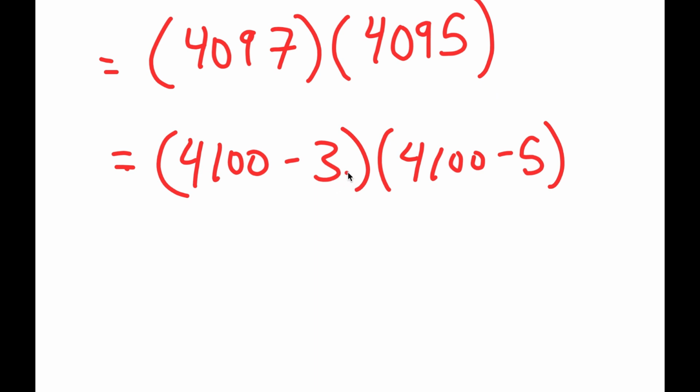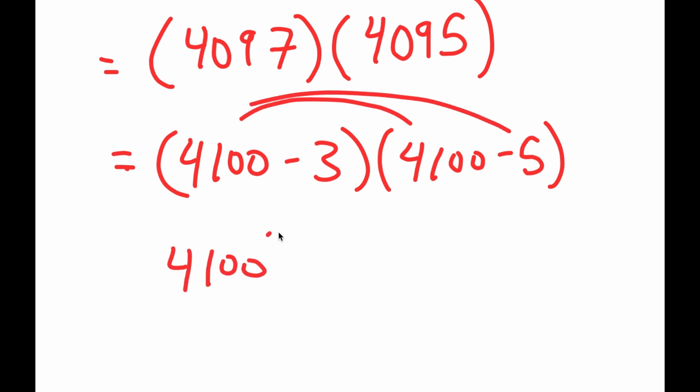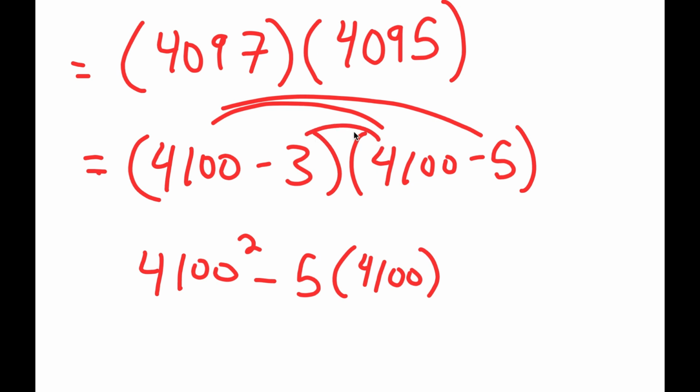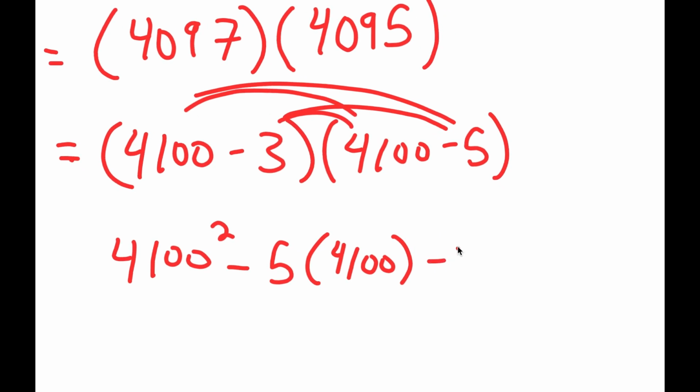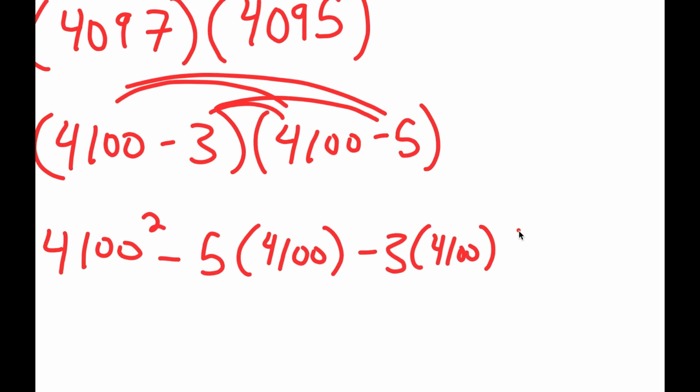Now, if I distribute, I get 4100 squared minus 5 times 4100. Now if I distribute the negative 3, I get minus 3 times 4100 plus 15.